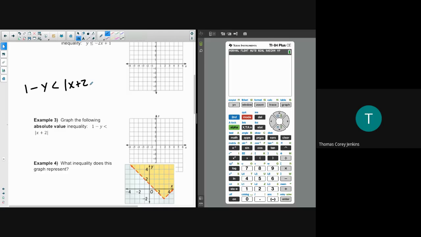The first thing we want to do is move over the positive 1. When I do that, I would get negative y is less than the absolute value of x plus 2 minus 1. And then I'm going to multiply everything by -1.